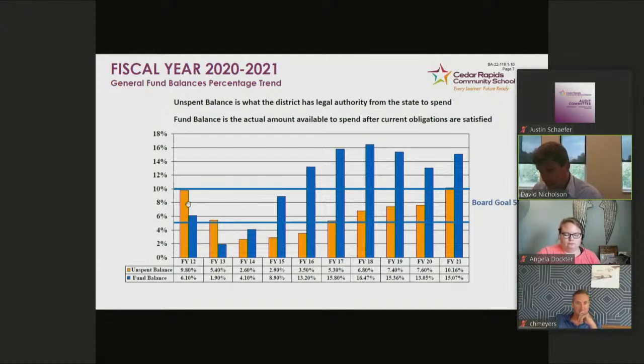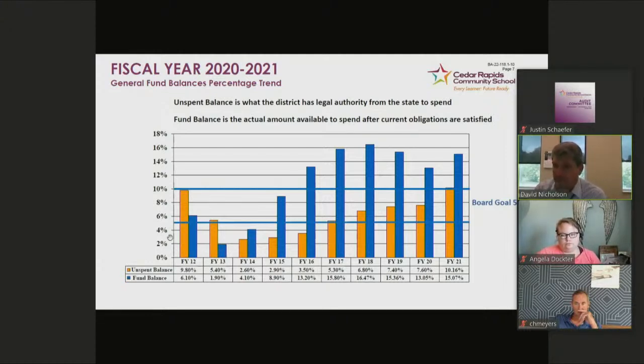We could actually levy tax more to be able to increase our fund balance by taxing more, and that has happened. So over time, we'll go back in the other document, we'll show where our cash reserve levies have been, and that actually has helped us get back to help cash flow, because back in these days, we were probably issuing what they call anticipatory warrants, borrowing from other funds within the district to make our summer payrolls.